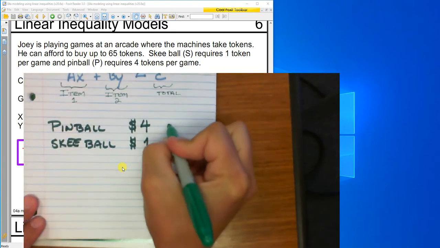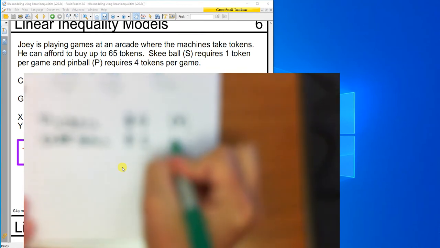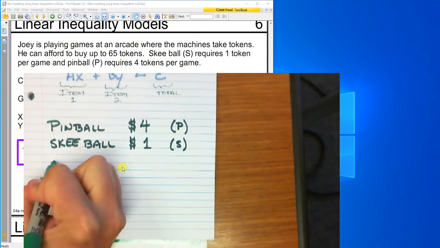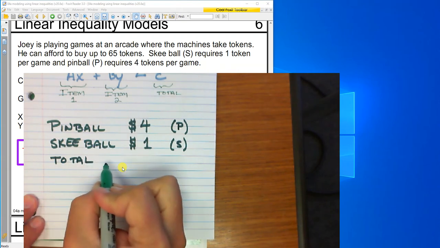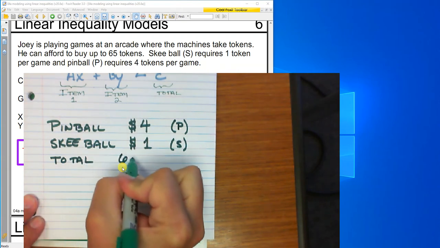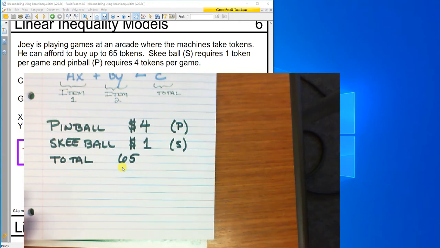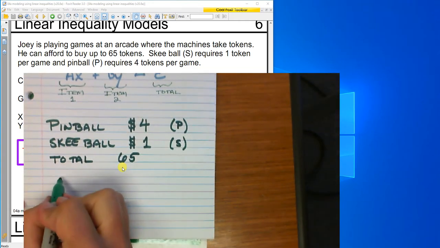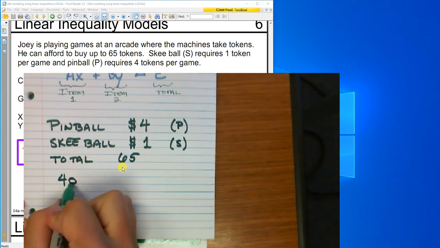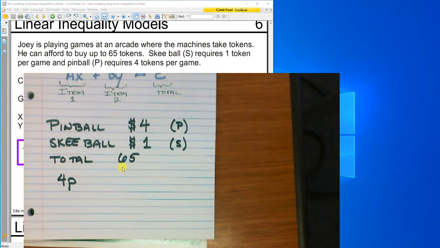We'll use P for pinball games and S for skee ball games, and our total is 65. So let's model this. $4 times the number of pinball games I play.